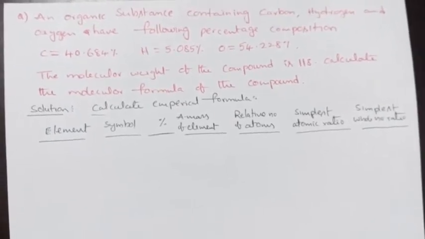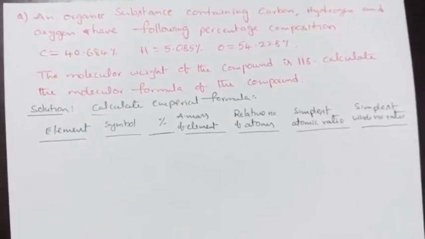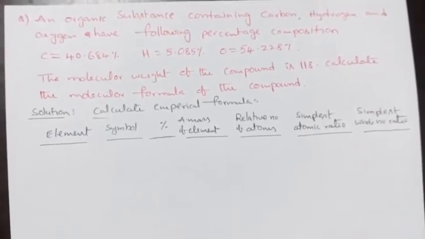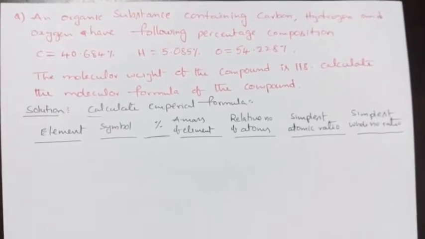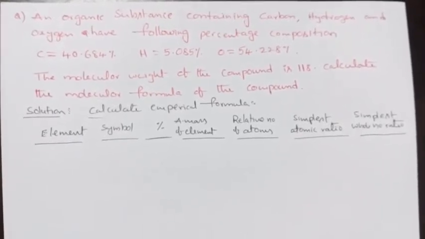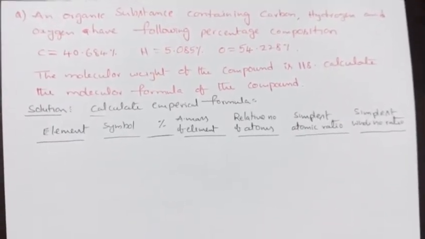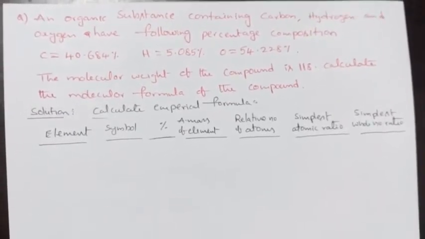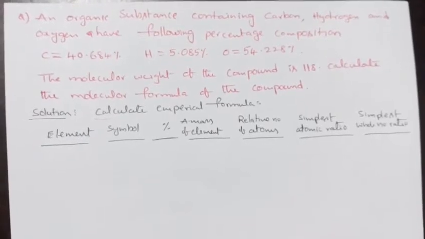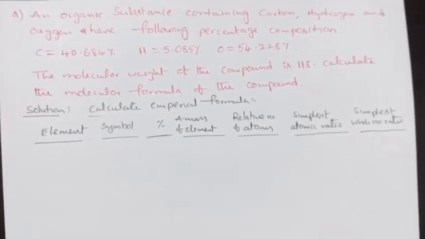So we can calculate the empirical formula and molecular formula of the compound for the given data. Here they have given the percentage composition of the elements and also the molecular mass of the compound. They are asking us to find the empirical formula and also the molecular formula. Let's read out the question once.